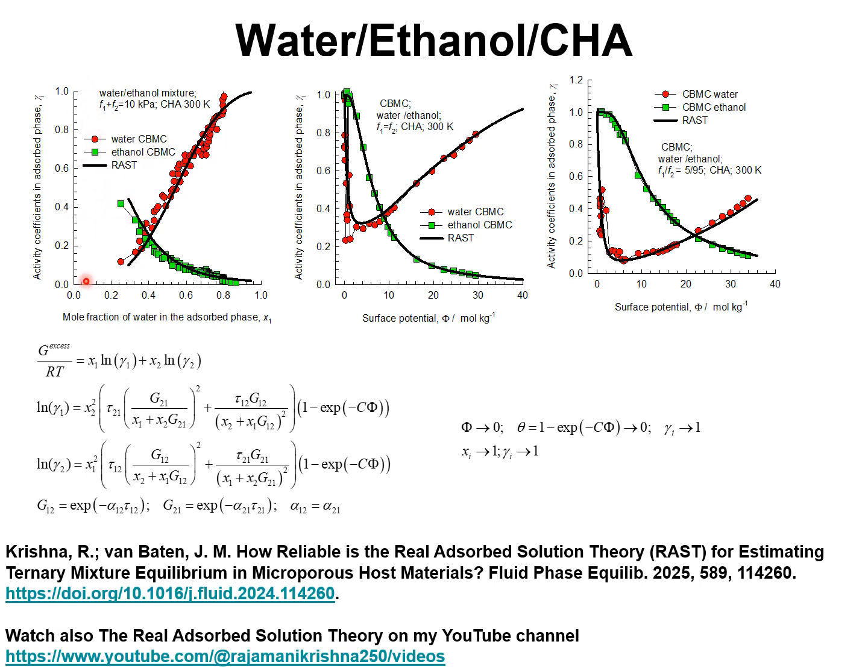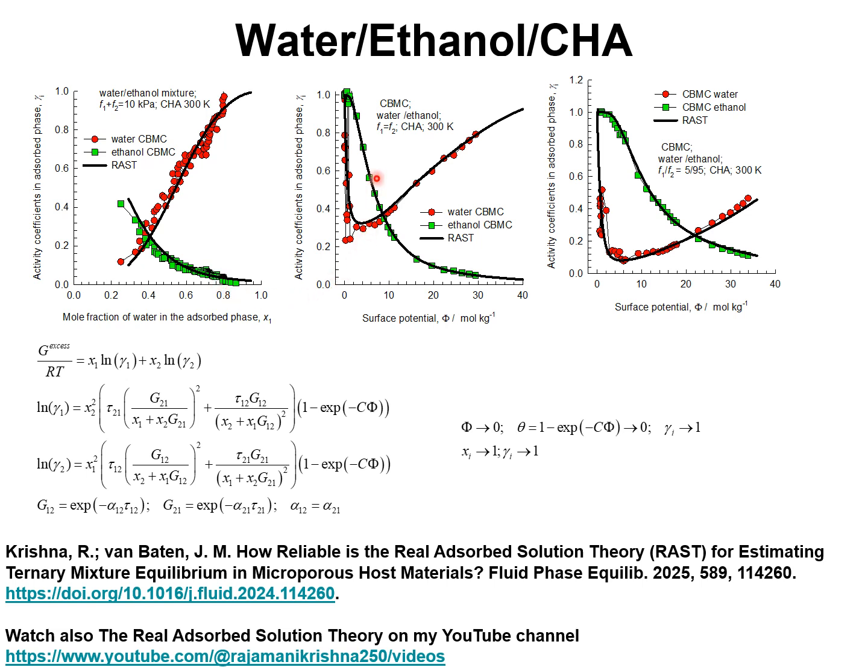I plot the activity coefficients in the adsorbed phase for water, indicated by the red circles, and ethanol, indicated by the green squares, as a function of mole fraction in the adsorbed phase mixture. The data is determined from the CBMC simulations.